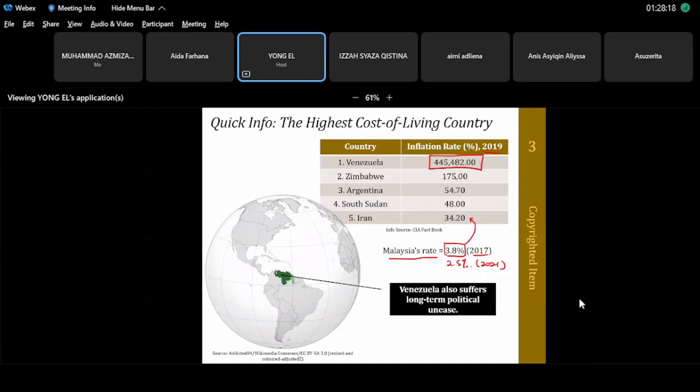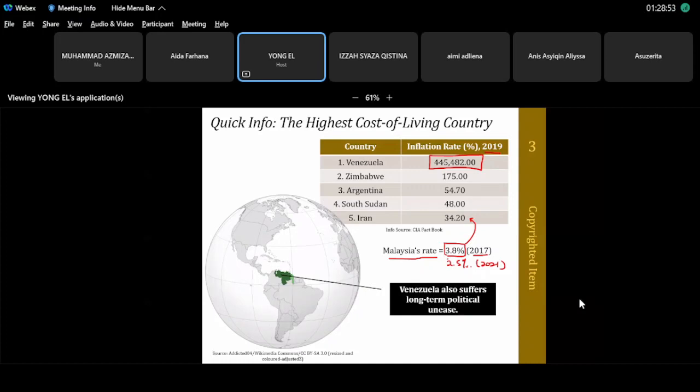When the price level is very high, the consequence is it will erode the purchasing power of your money, meaning your money becomes very weak in terms of purchasing goods and services. The money that people have is hardly able to buy goods and services that can satisfy their needs because the goods and services become so expensive in the country.